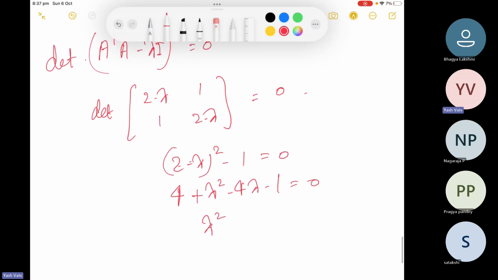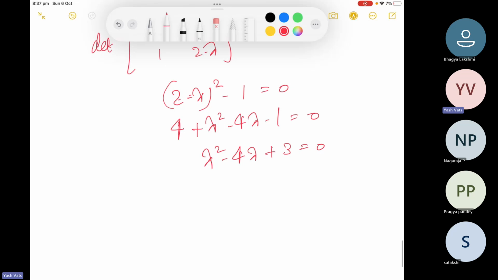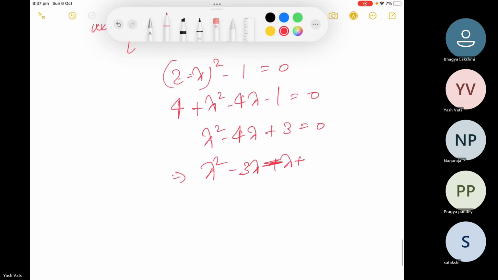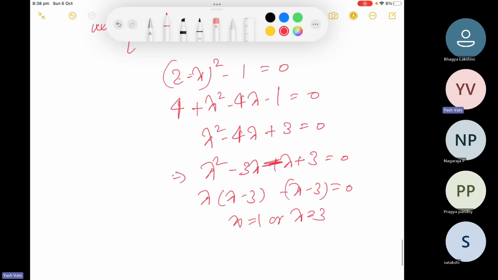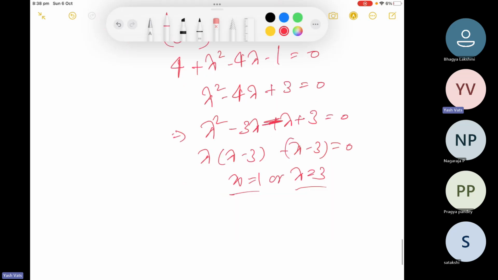Lambda squared minus 4 lambda plus 3, which gives (lambda minus 1)(lambda minus 3). So lambda is 1 or lambda is 3. The eigenvalues are 1 and 3.